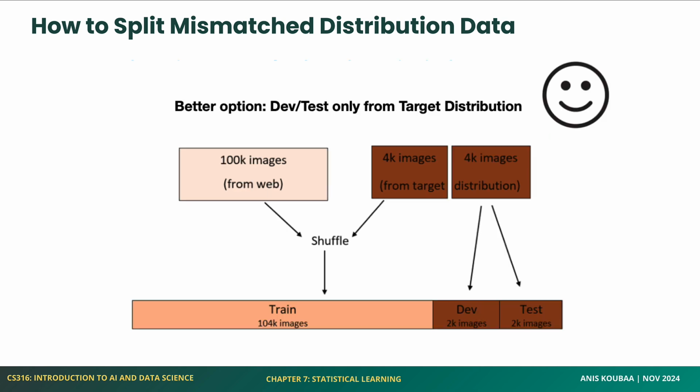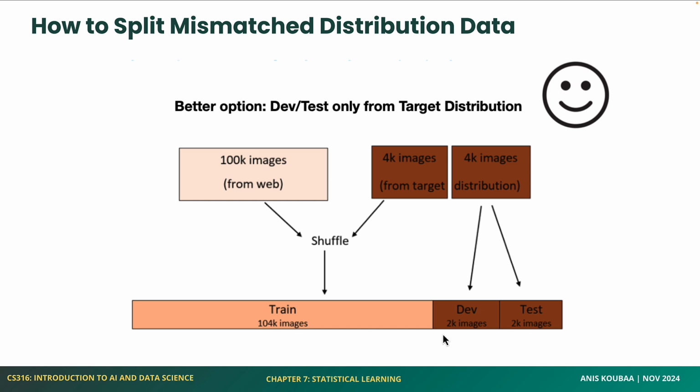Another way is to do it like this. Put all the 100K, this is like data augmentation. Take half of the pictures from the target distribution and put them in the training, and dev and test will be only for my target distribution. So in this case, whatever training loss I'm going to have, I'm going to test the final product with respect to unseen data, because later on I'm going to deploy it into my target distribution.